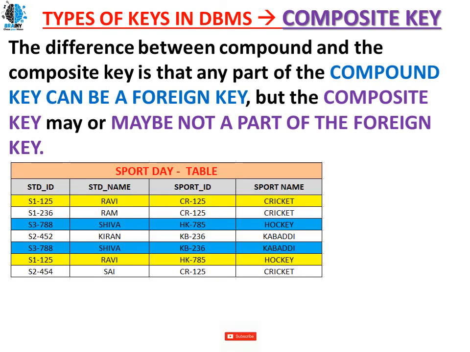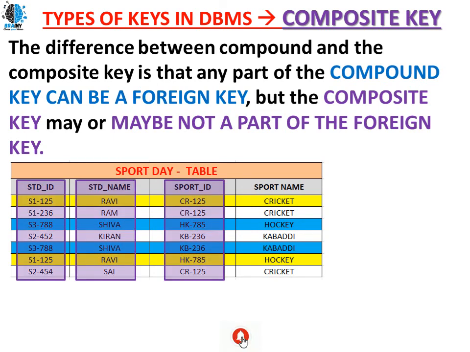Same table: student ID, student name, student sport ID, sport name. So I am selecting these three: student ID, student name, sport ID. Yes, student ID and sport ID are the foreign keys in this table. Sport name and student name are not the foreign keys here.